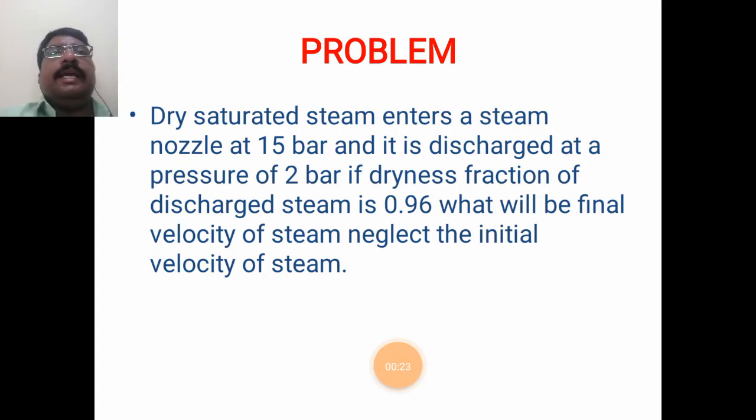See, here in the problem it is given that at the entrance of the steam nozzle the steam is in a dry state. Therefore, we can directly take the value of Hg as the enthalpy value at 15 bar from the saturated pressure tables.